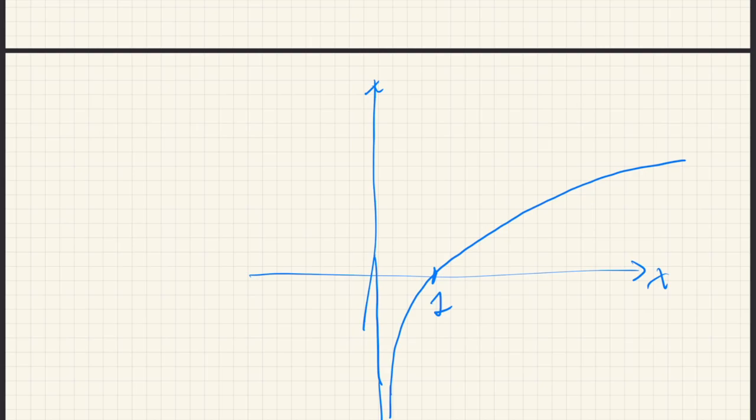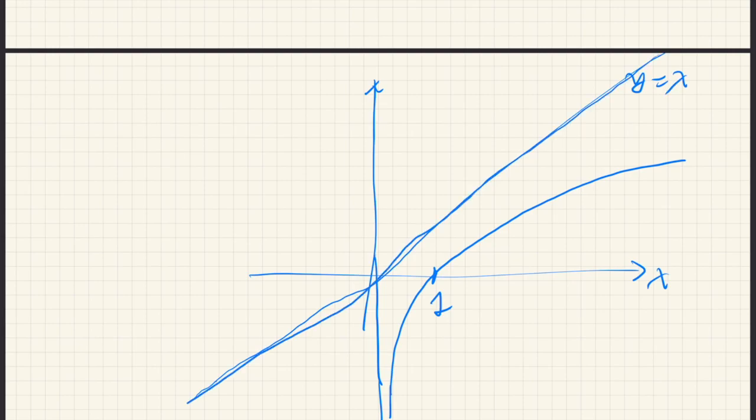Its inverse function can be drawn as the mirror image around this diagonal line. So the mirror image would be something like this, right? Here's 1, so the y-intercept is 1.